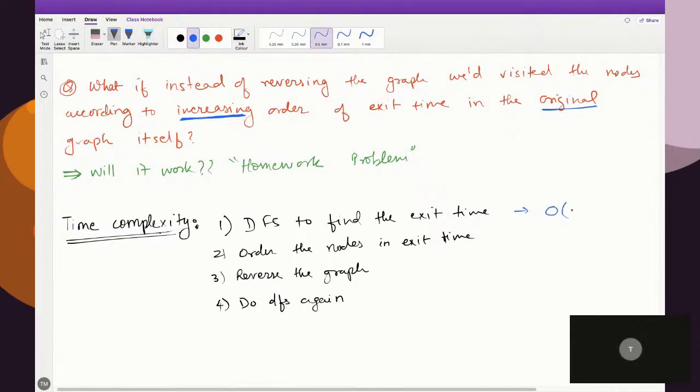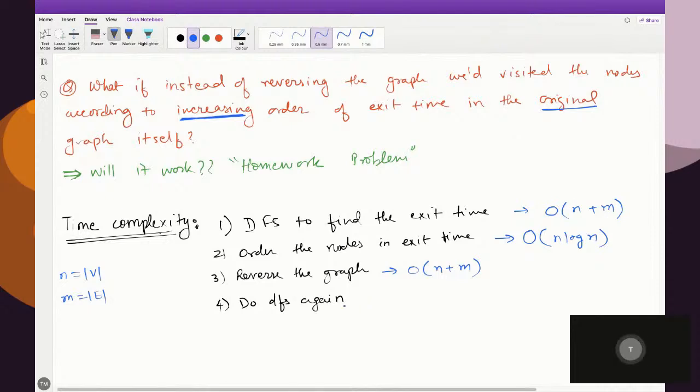Doing the DFS takes order n plus m, where n is the number of vertices and m is the number of edges. Then ordering the nodes by exit time: you can sort them in a naive way in order n log n. Reversing the graph is order n plus m, since you just go to each of the edges and reverse them.